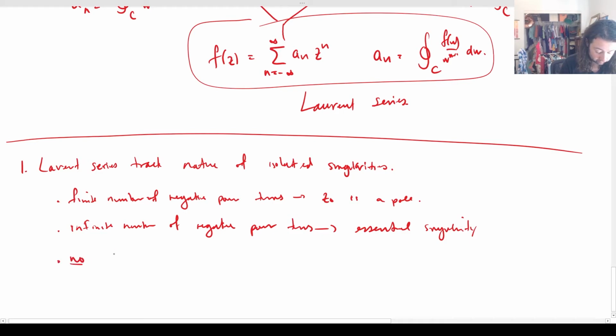And no terms of negative power means if the function is actually defined at the point z naught, then the function is analytic, and if it's not defined, it's a removable singularity. So either you're analytic at z naught, or you have a removable singularity.